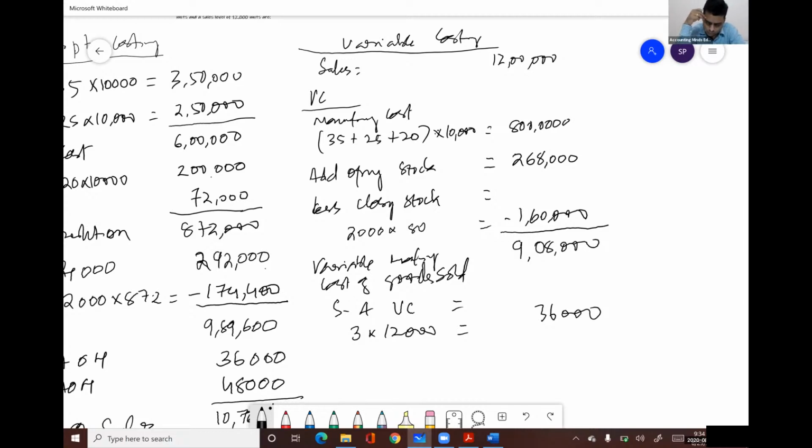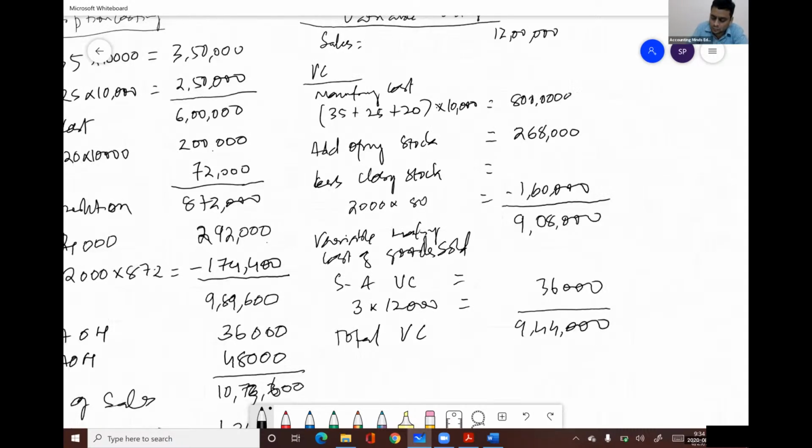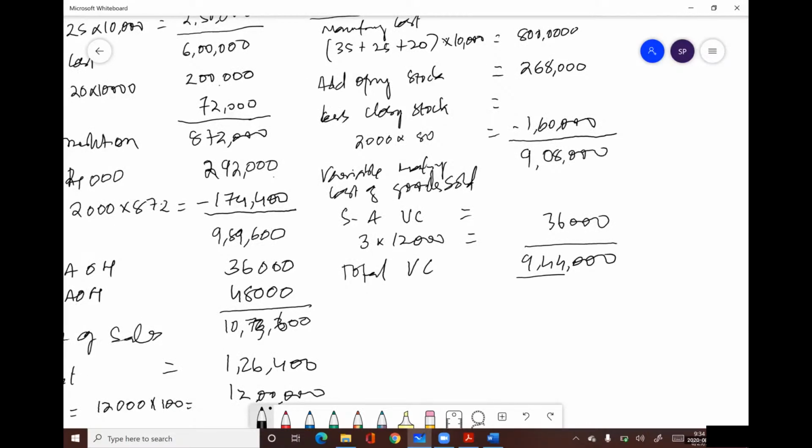That is total variable cost. So now contribution is 2,56,000. How much is the fixed cost?